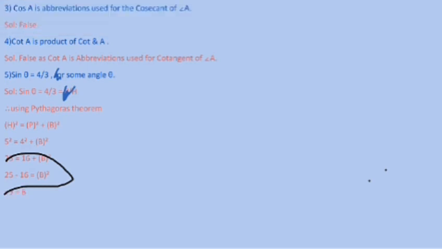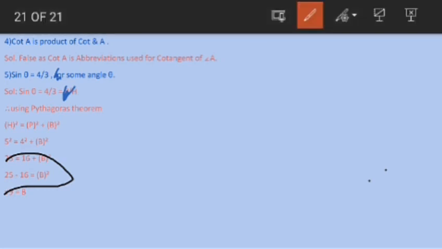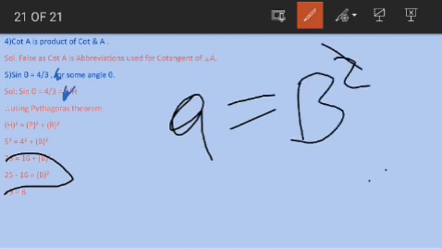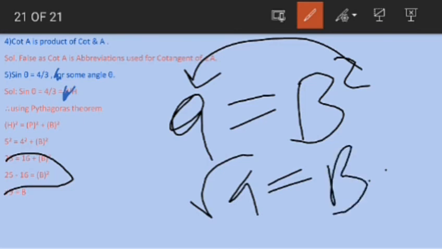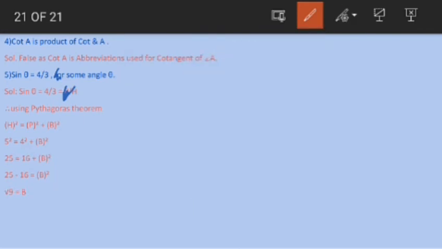The base is going to be root 9, because 25 minus 16 equals 9, and when you move the square to the right hand side, it is going to be root 9. The perfect square root of 9 is 3.